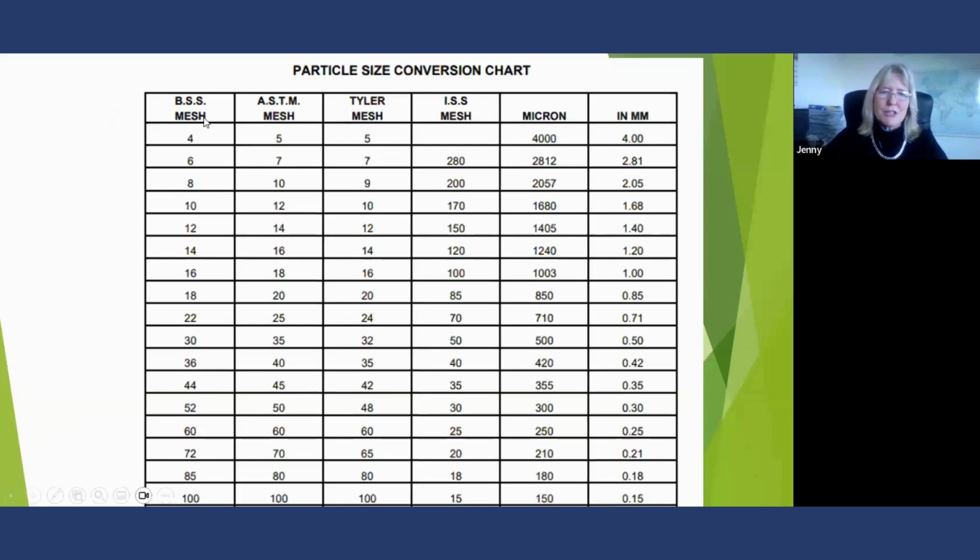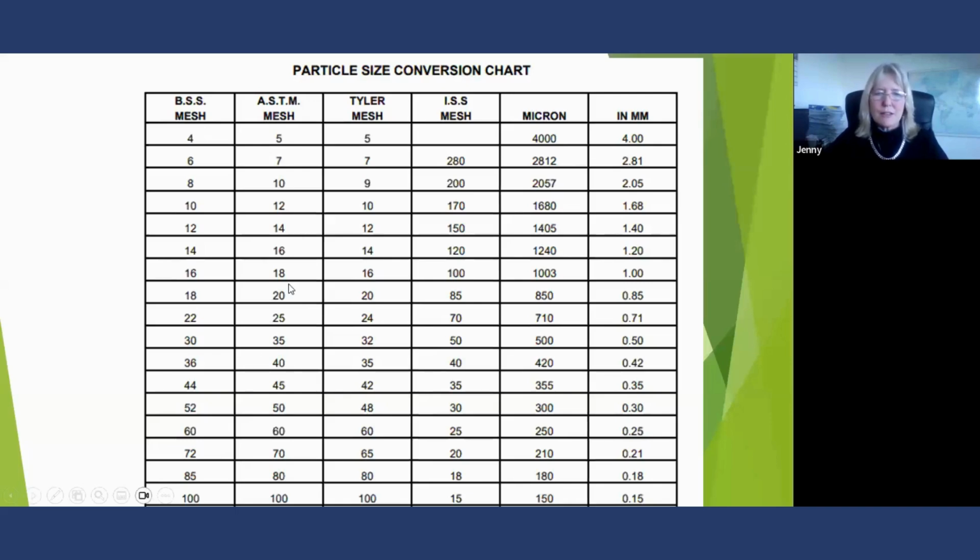There's the British mesh BSS and the American mesh standard, and there's two more. So you need to know which one you're using, and hopefully they will mention on the data sheet it's so many mesh using the BSS mesh formulas or the ASTM or whichever.